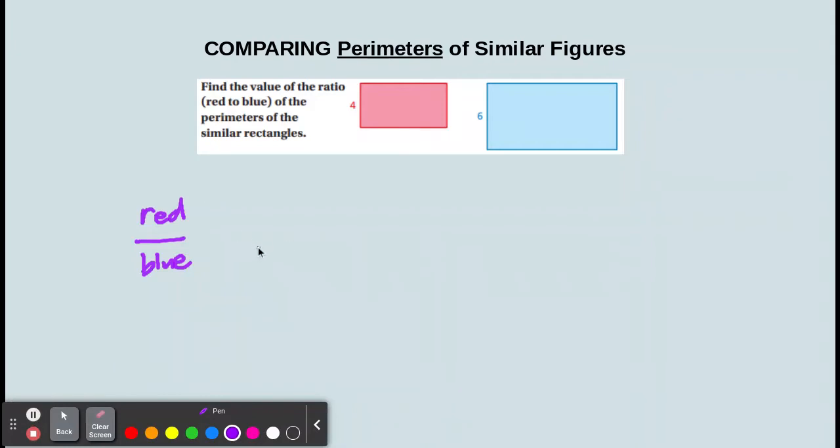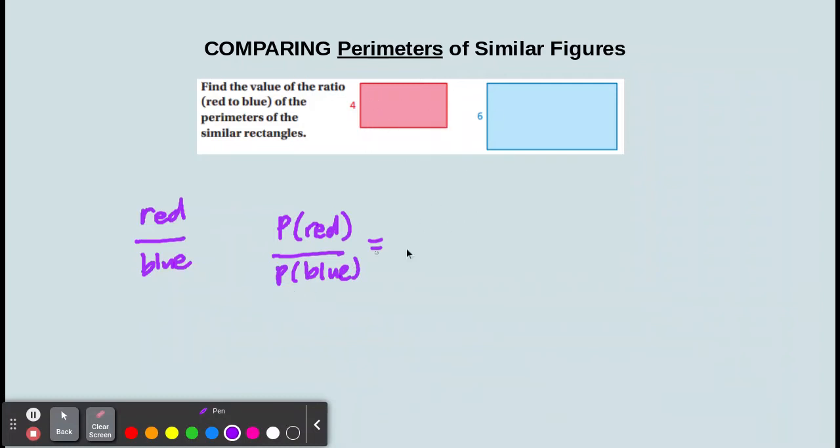So the perimeter of the red over the perimeter of the blue is the same as the value of the ratios of the side lengths.